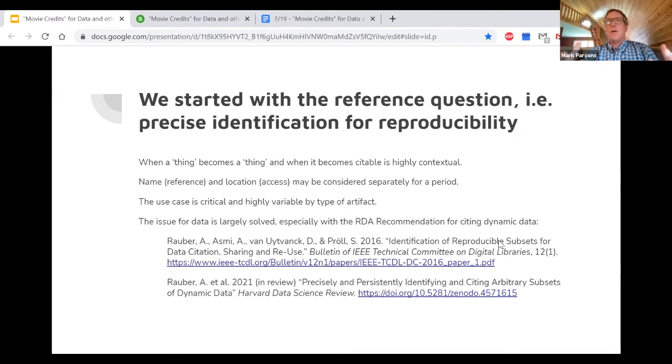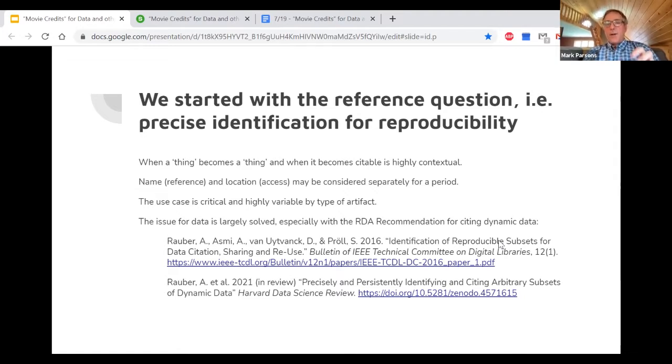When does something become an entity that is a referenceable entity? And perhaps not surprisingly, as we studied that in an ESIP session a year and a half ago or so, when something becomes a citable, recognizable, first-class object is really very contextual.